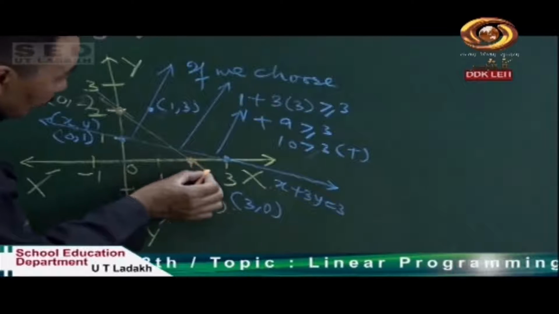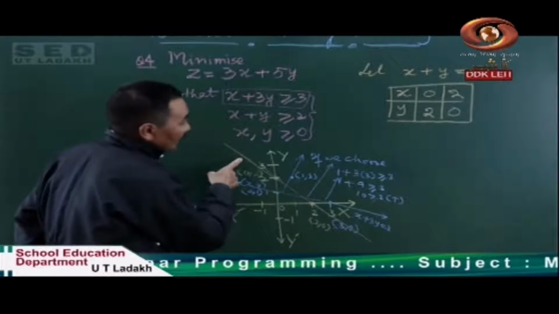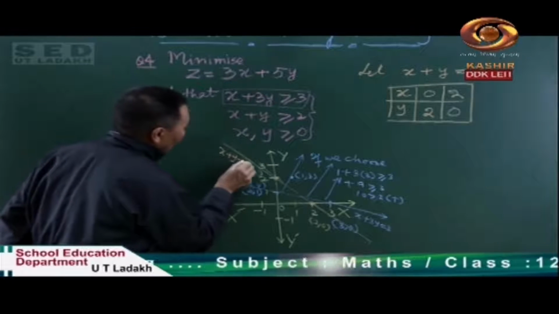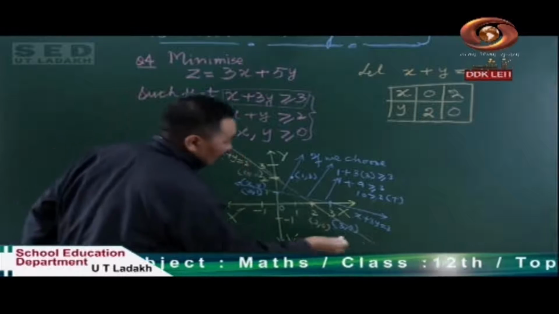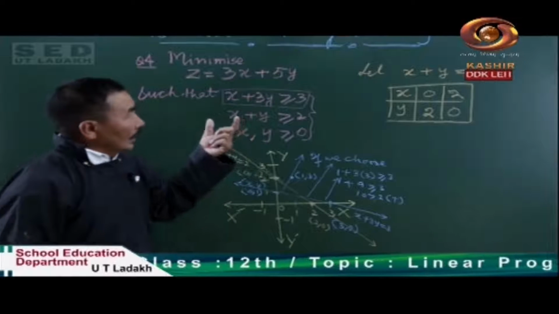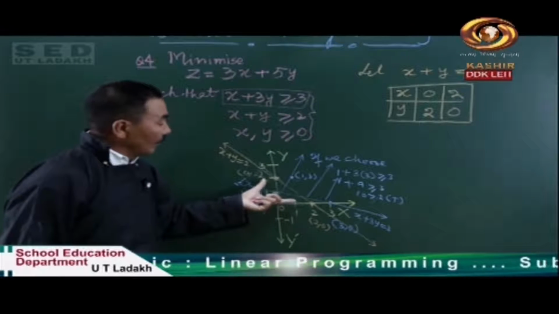The line passes through these 2 points. This is another line, and the name of this line is x plus y equal to 2. So I have drawn the graph of the line on the same graph.